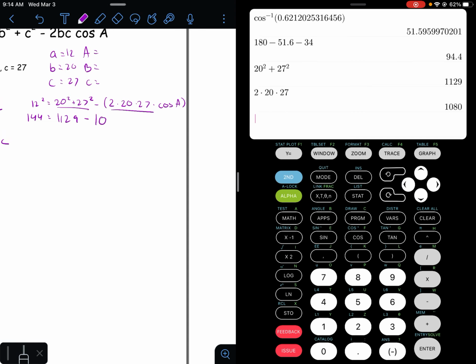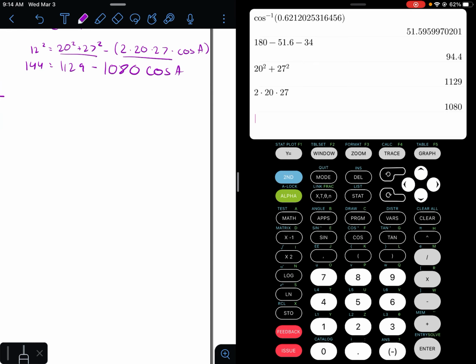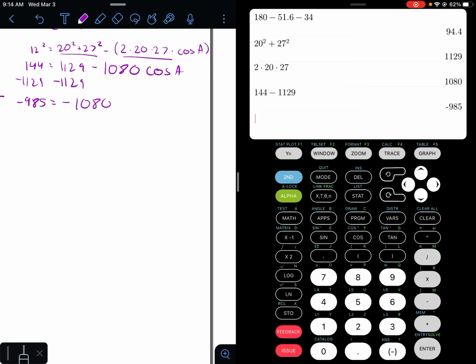That gives us 1080, and we've got our cosine of A. So we can go ahead and do 144 minus 1129, and we get negative 985 equals negative 1080 cosine of A.